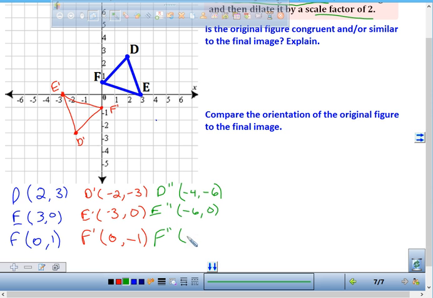And F double prime. Okay? So -4, -6. And that's D double prime. -6, 0. E double prime. And 0, -2. F double prime.